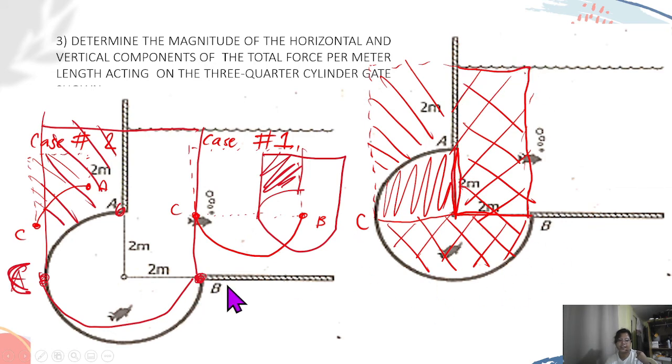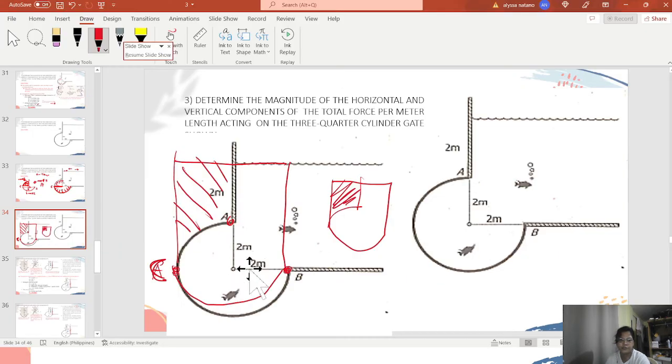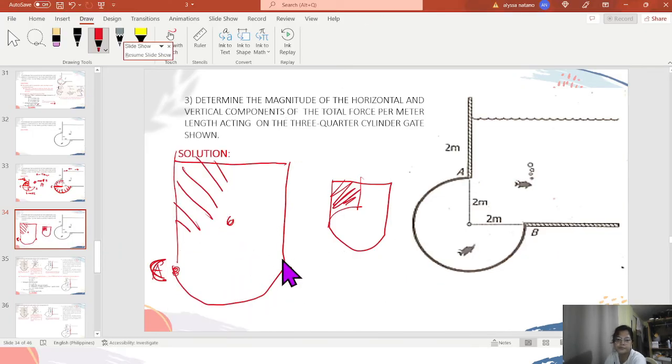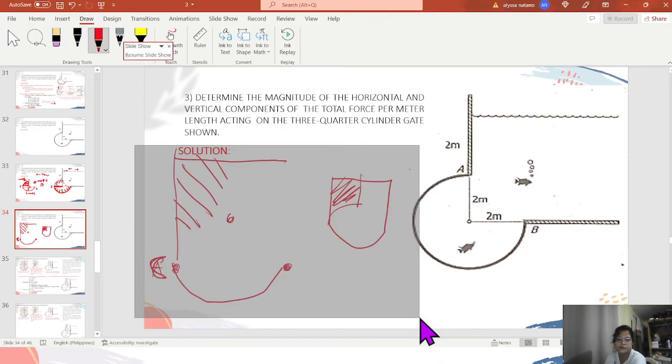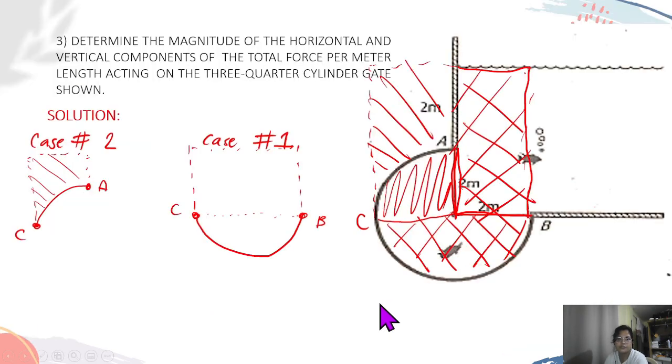Pero again, dahil nga tayo ay case sensitive, meaning, tayo ay mga law-abiding citizen. So, kailangan nating panindigan itong case number 1 and then case number 2. Kasi, hindi naman sa lahat ng pagkakataon madaling mahanap yung area nito.